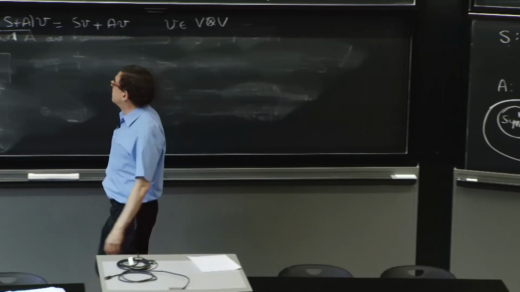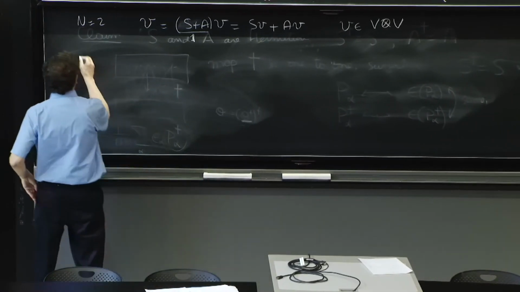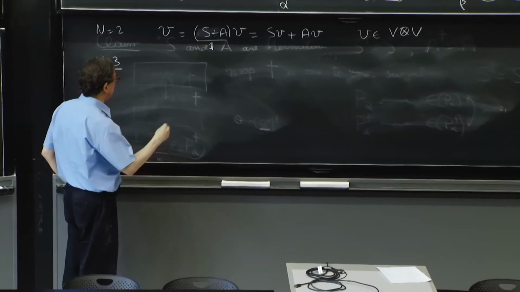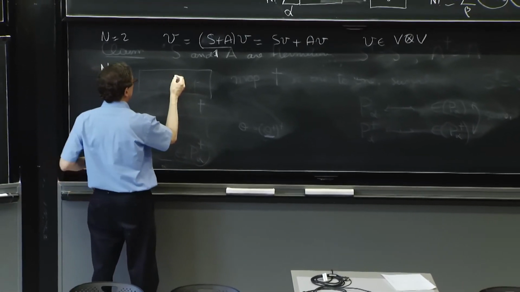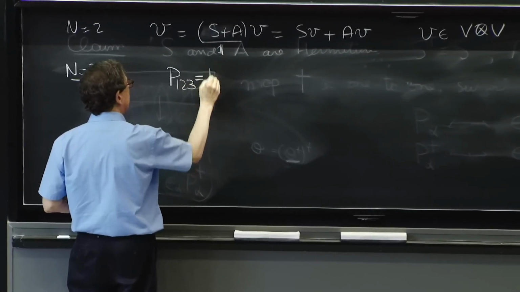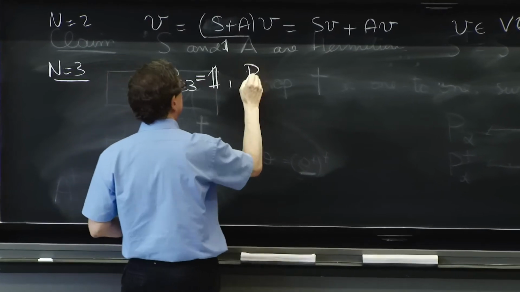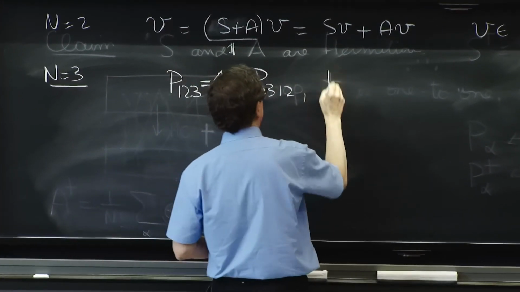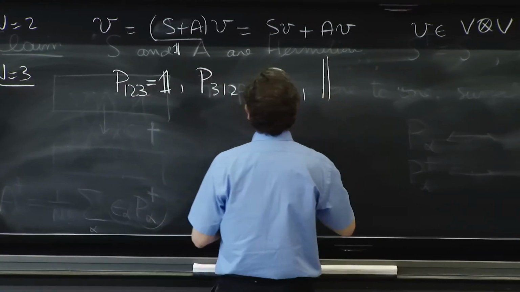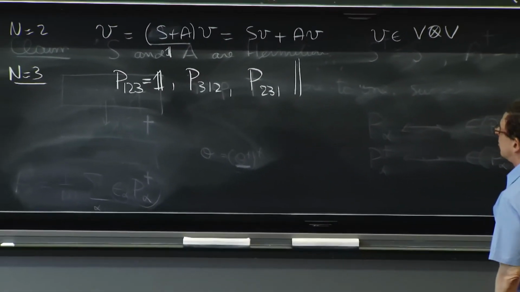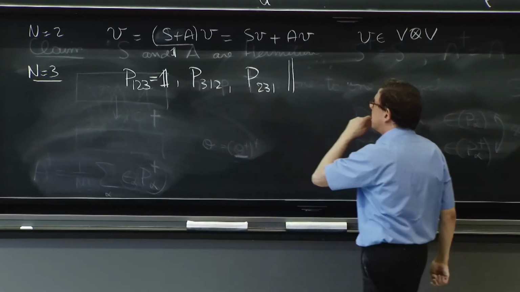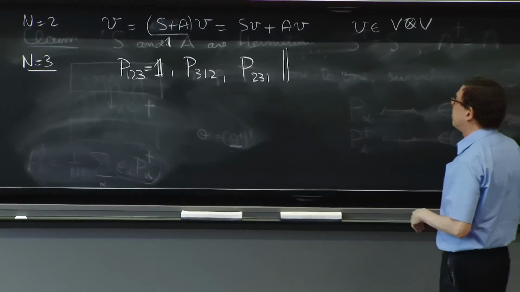On the other hand, for n equals 3, and this is a good way to write some things explicitly, you had the permutation P123, which is the identity, the permutation P312, the permutation P231. All these were even permutations. This is the original, and the others can be built with two permutations.